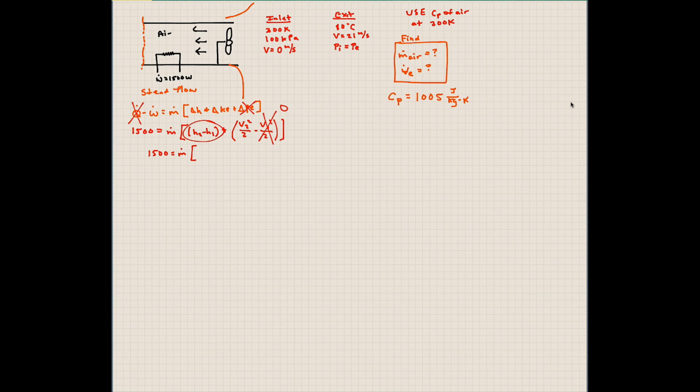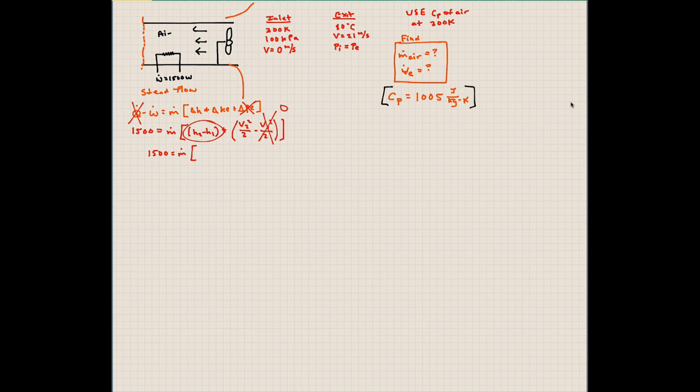Now, there's a couple things you can do. We can look in the back of the text and get some values for the enthalpy of air at this temperature, or we could just use an average value here. This CP we can use to calculate.